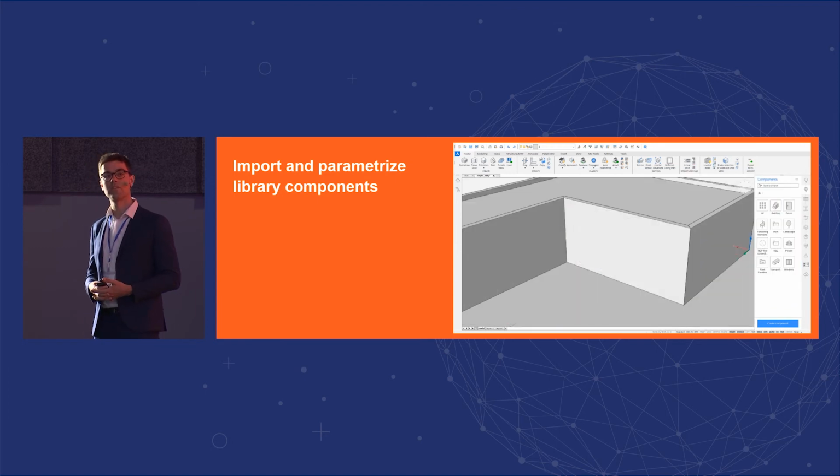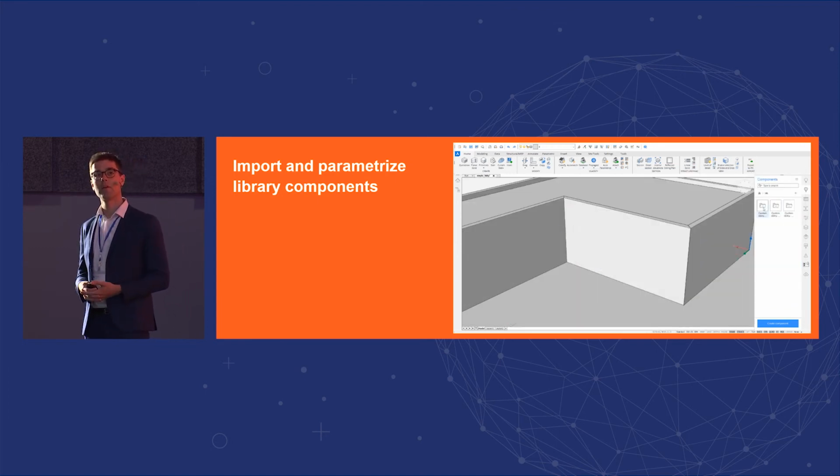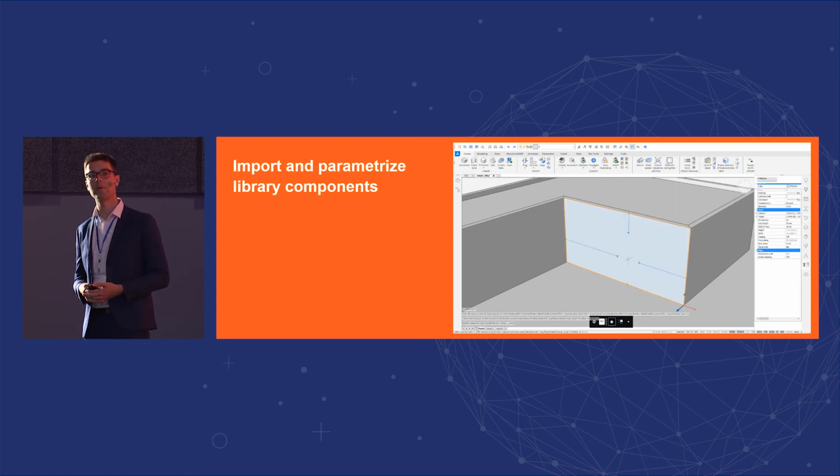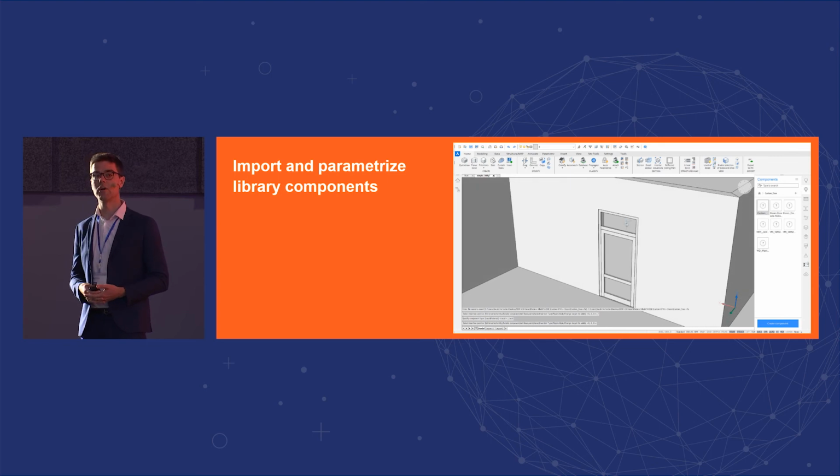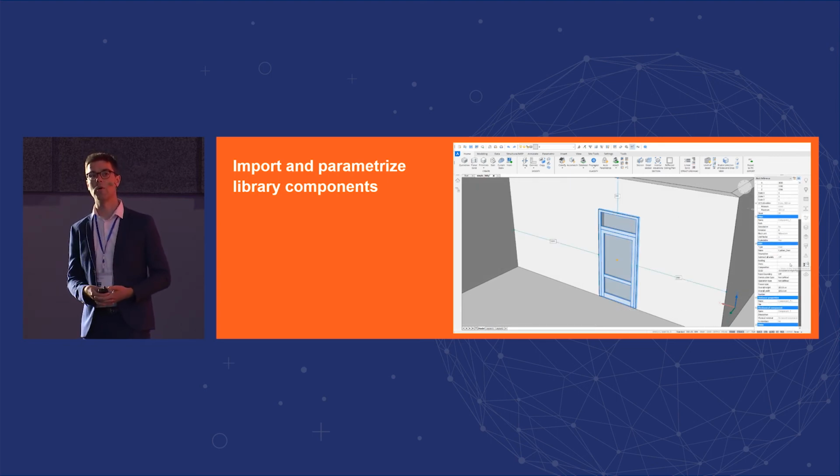So we have a collection of Revit families here, which we can access through a components library, and we can directly drag and drop these components in the model, and on the fly they are being converted to BricsCAD BIM components based on DWG.